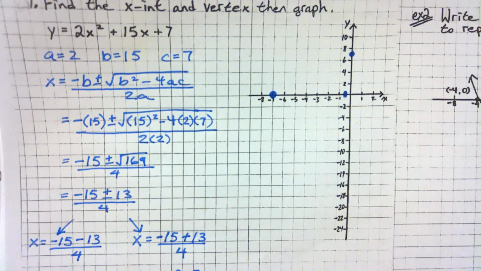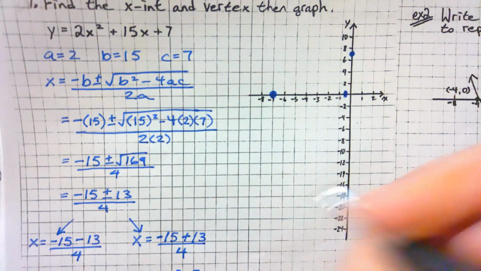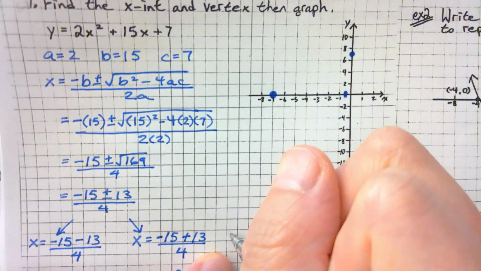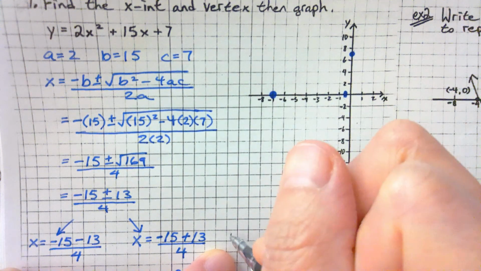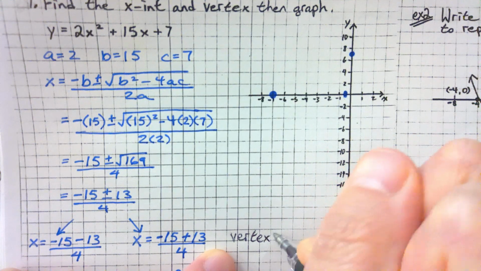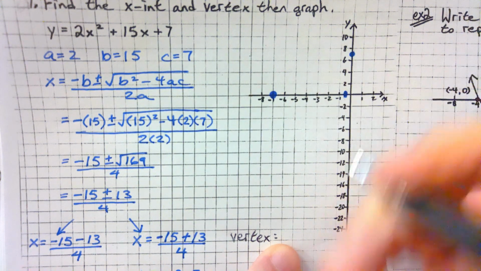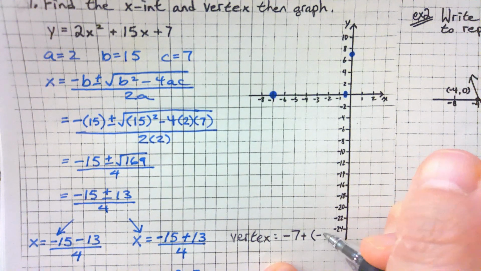Okay, so go back to the basics. My vertex is going to be in the middle of negative 7 and negative 0.5.